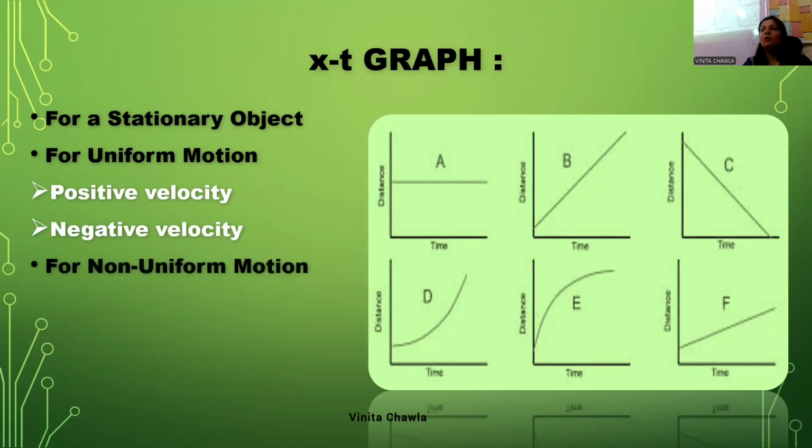Next is non-uniform motion. If we have non-uniform motion, then the position-time graph is a curved line. Graphs D and E represent non-uniform motion, but how are they different?